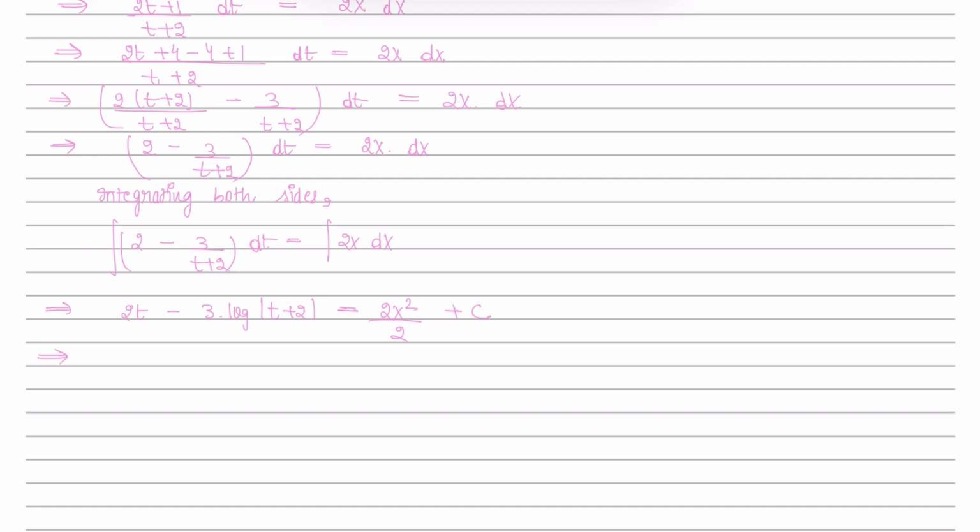Back substituting the value of t here, this becomes 2 times x square plus y square minus 3 times log of x square plus y square plus 2 is equals to x square plus c, which is the required solution of the given differential equation.